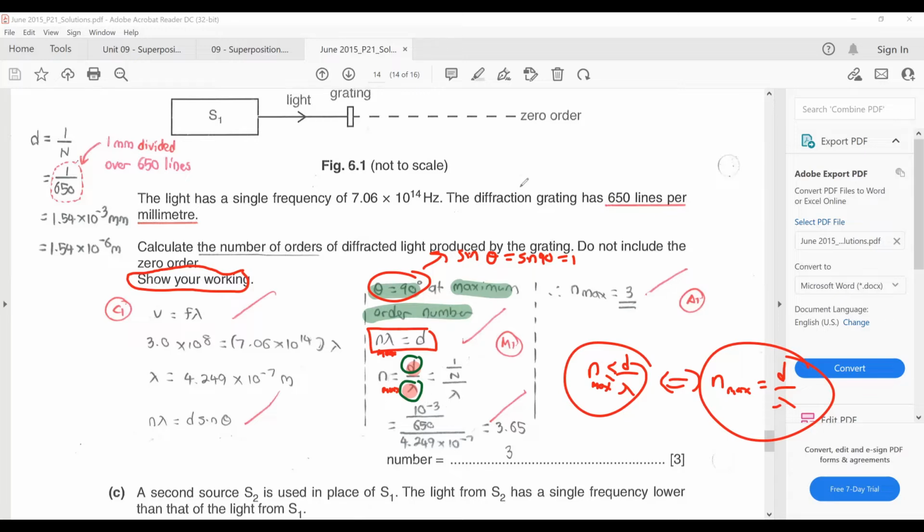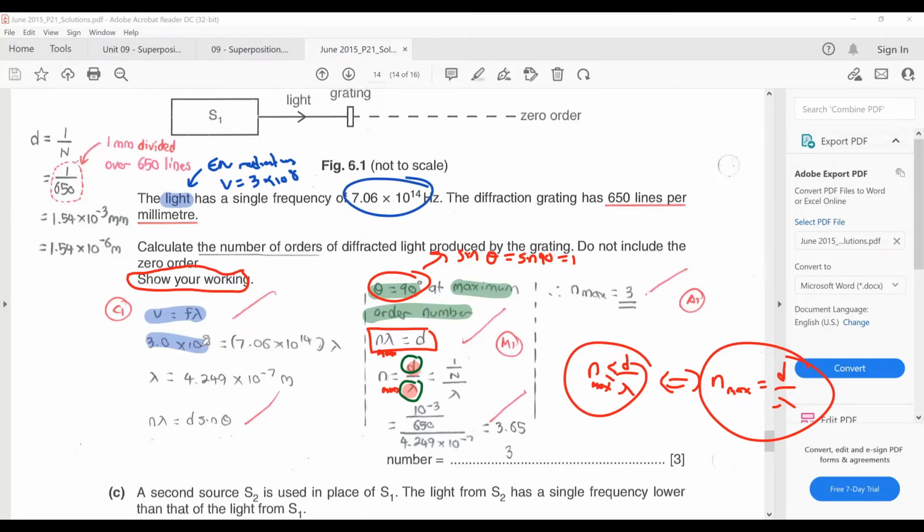Where can you find them? Firstly, if you want to find out the wavelength, you can use v equals f lambda. This is light, it is EM radiation, so therefore the speed must be 3 times 10 power 8. You also know the frequency.